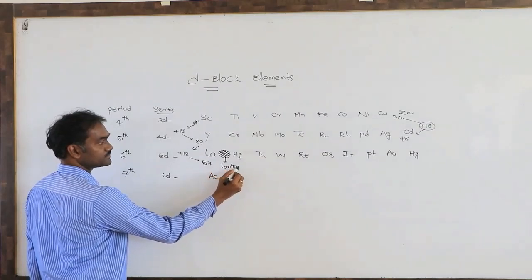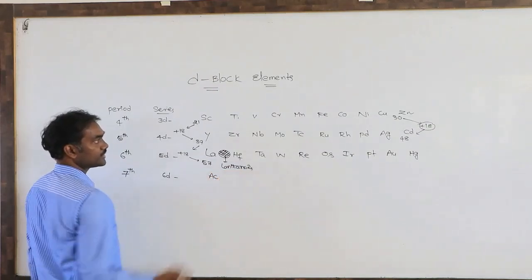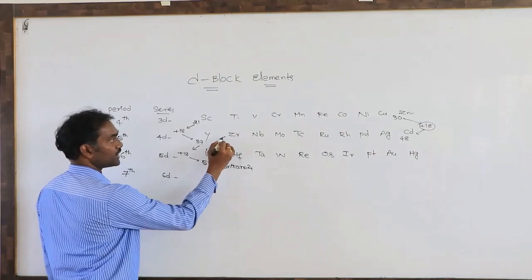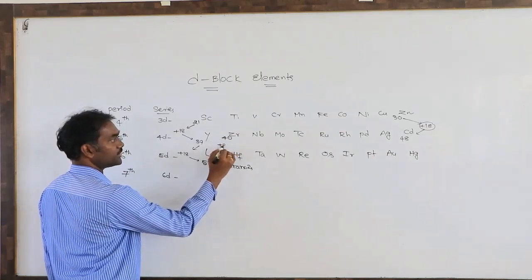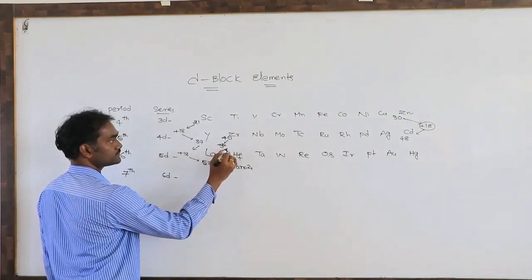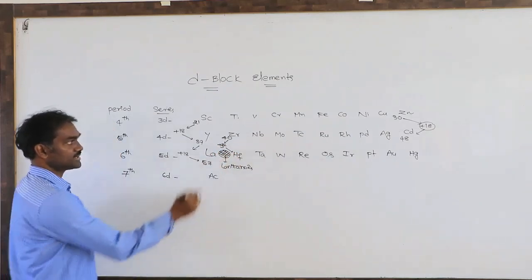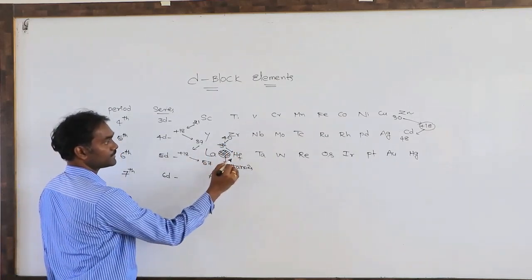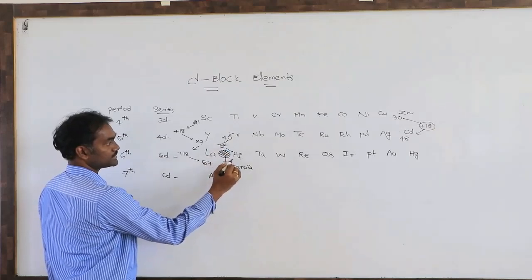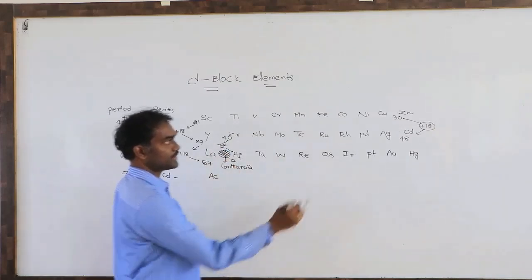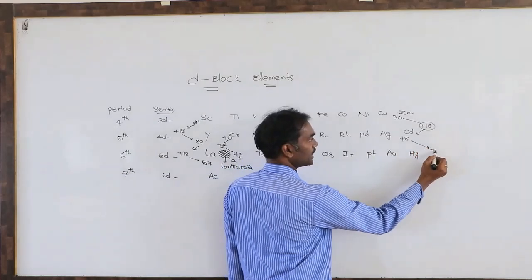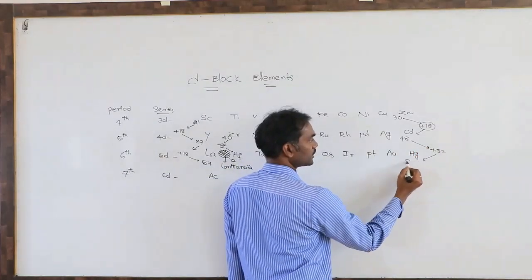So here from 40 you add 32, that means the number is 72. Next you add 32, so your number is 80.